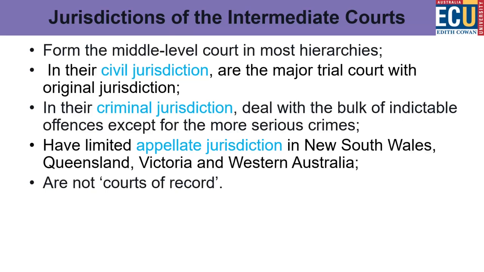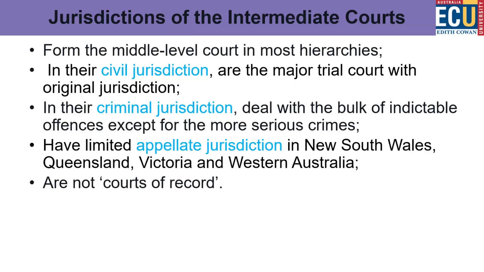So when the intermediate court is hearing a criminal case, not only the judge is sitting there, the jury who represents the community is sitting as well. The state party who has brought the case against the accused person must convince the jury beyond reasonable doubt that this accused person has committed the crime. So that's what happens in an intermediate court when they are dealing with the criminal jurisdiction.